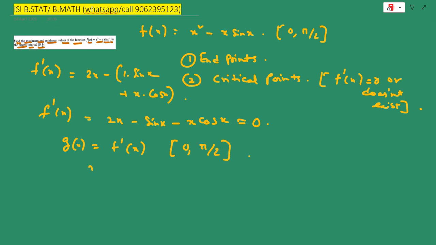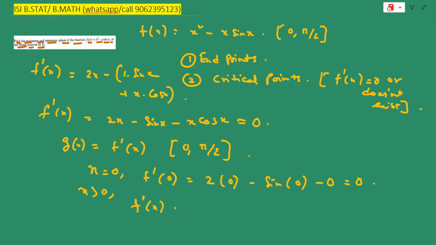Now at x equal to 0, f dash 0 is what? 2 into 0 minus sin 0 minus 0, that is 0. So 0 is a critical point and an endpoint, and for x greater than 0, f dash x is x into 2 minus cos x minus sin x. Now since cos x is less than or equal to 1, 2 minus cos x will be greater than or equal to 1.